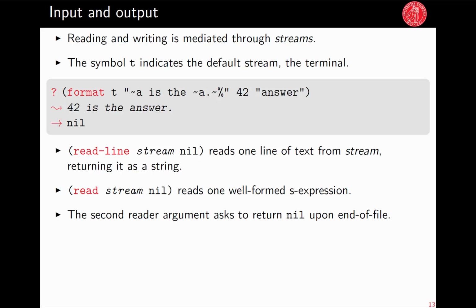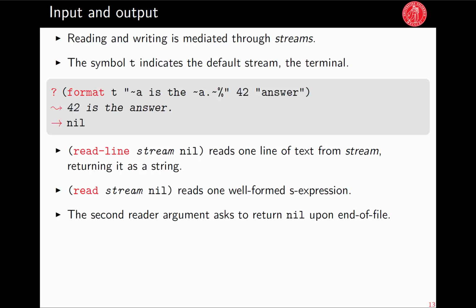For reading, there are basically two functions. There's readline, which will read in one line of text at a time from a given stream, returning that as a string. In the obligatory exercise that you've been given, there's an example of using readline in the pre-code. And there's also another more Lisp-specialized variant just called read, which expects to read in symbolic expressions, S-expressions.